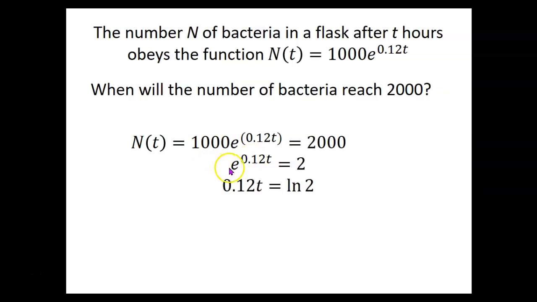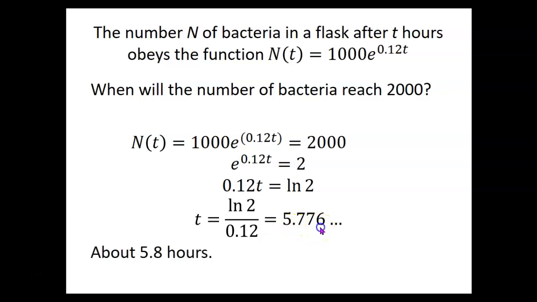So take ln of both sides, and we get 0.12t equals the ln of 2. Now, how do we go from 0.12t to just plain t? Divide both sides by 0.12. We get t equals ln of 2 divided by 0.12, and that comes out to be 5.776 something. So the answer is about 5.8 hours.